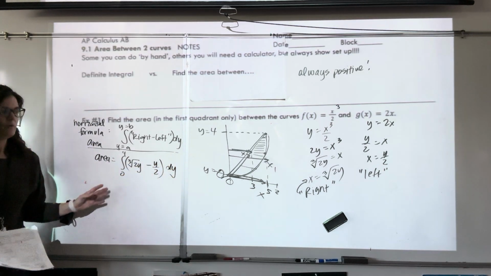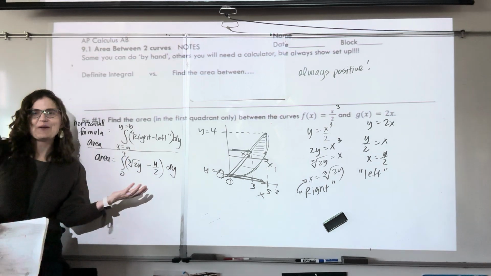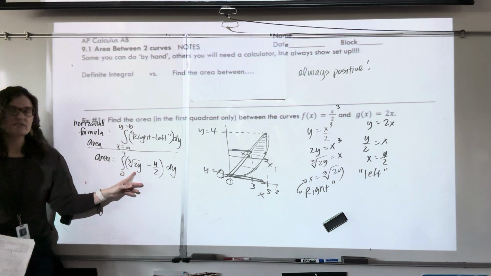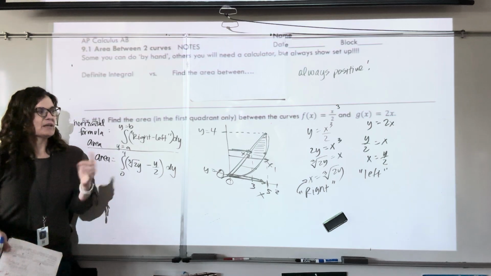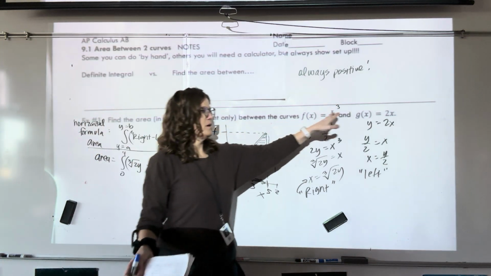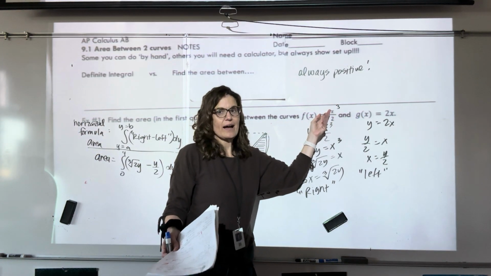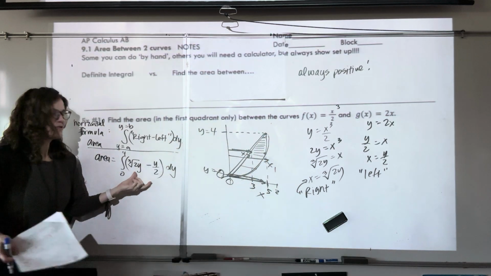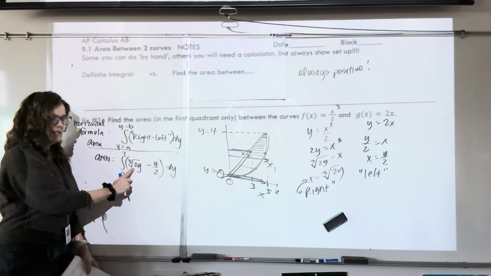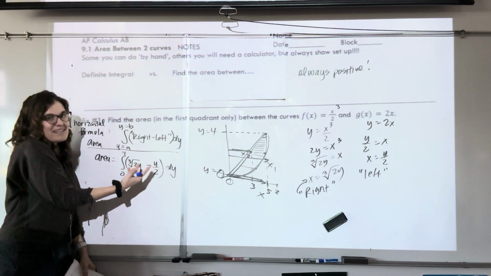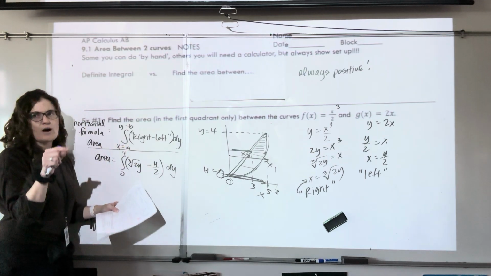Now this is the continuing hard part about horizontals: you can't use the cute little y1 and y2 in your integrand, because if you typed in this for y1 and this for y2, those are in terms of x. Notice here, we have these in terms of y. So I suggest you just math 9 and literally type this in, but use x as a dummy variable, just so you don't have to do alpha y, alpha y.